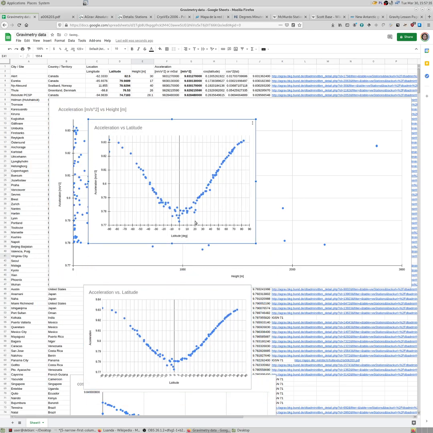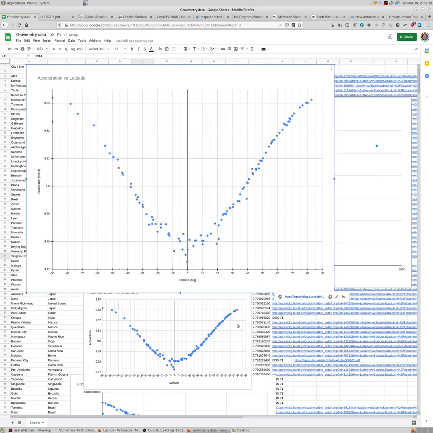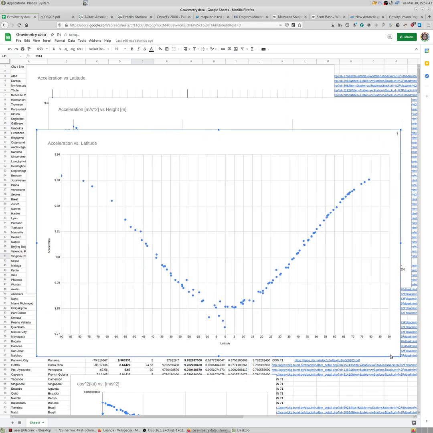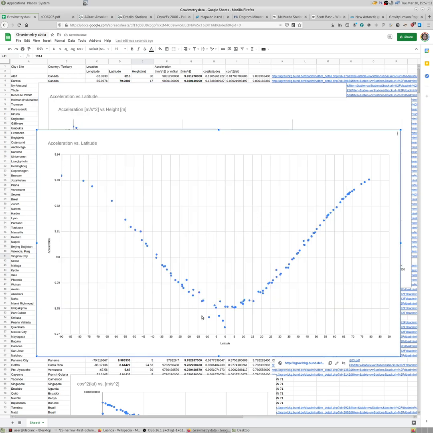Here, latitude explains this very well, and if we also take into account latitude and then height, it explains it extremely well. And this is explained exactly by a globe model.